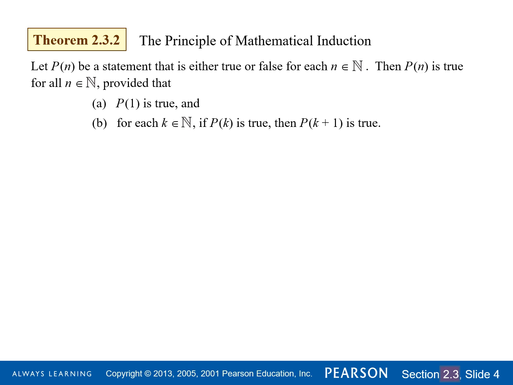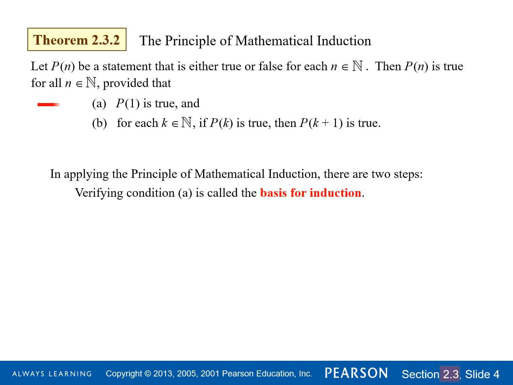So in all the cases, by the principle of mathematical induction, we have shown that the statement Pn is true for all cases of n belonging to the naturals. Okay, so in applying the principle of mathematical induction, basically we have two steps.